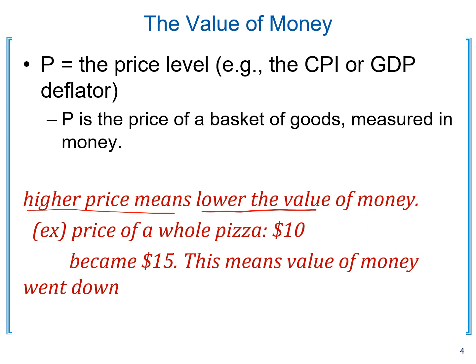If you pay more money for the same good, then that means the value of money went down. In other words, the price level went up. Well, that's reciprocal. Price level goes up, that means value of money goes down.